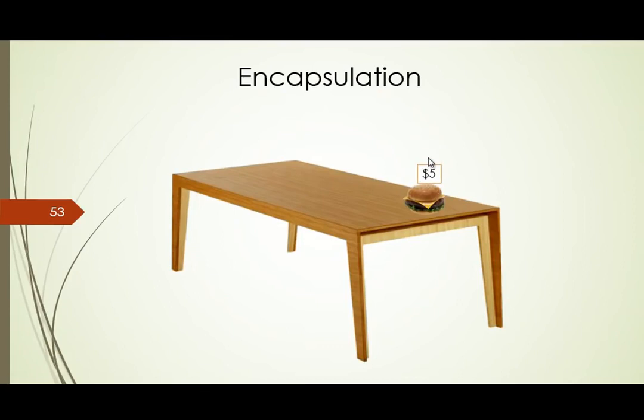So one burger is $5, 2 burgers are $8, and 3 burgers are $11. That's it. We put the price tag, and let's say we put a money bowl so that guys could take the burgers and put the money in the bowl. So what do you think happened in real life?